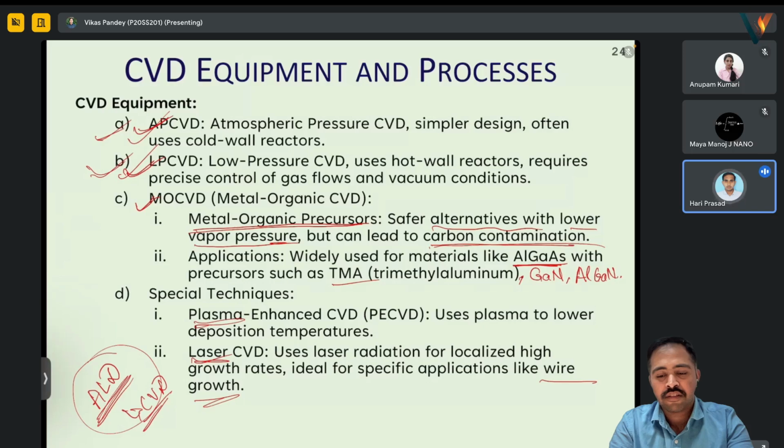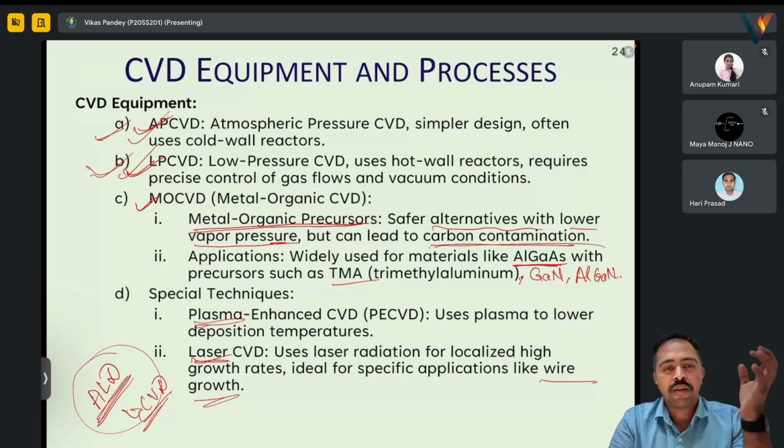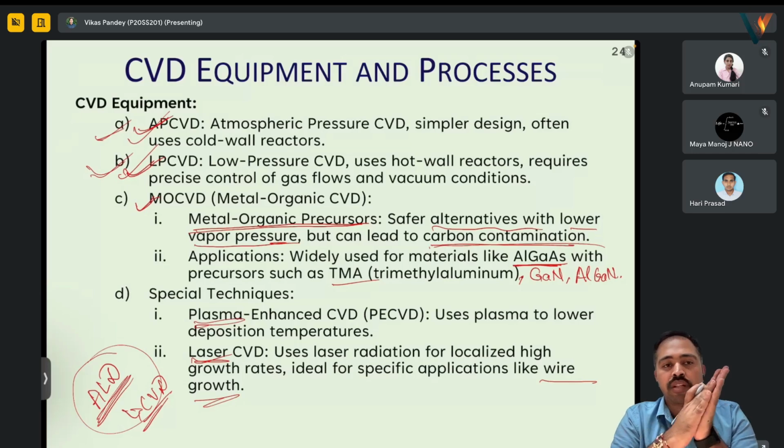APCVD is a simple CVD method where a reaction is taking place, and due to the reaction, some deposition is happening over the wafer. But when we want epitaxy, the material that we want to deposit has to have the same crystal orientation as the wafer, and then things become complex.